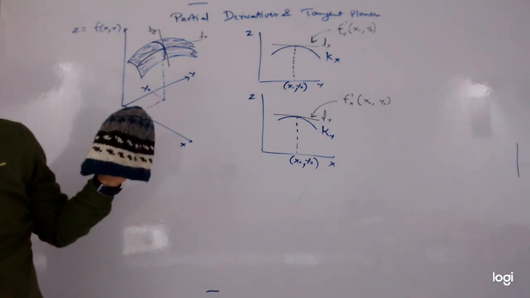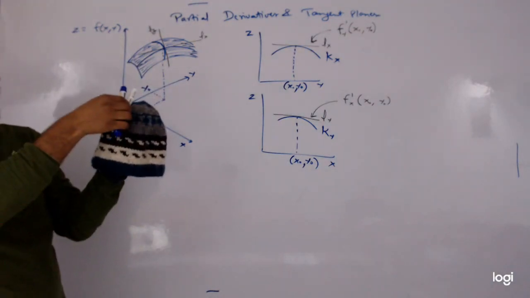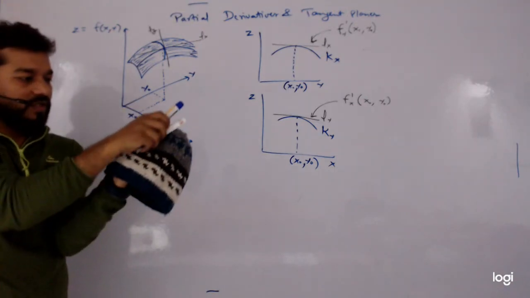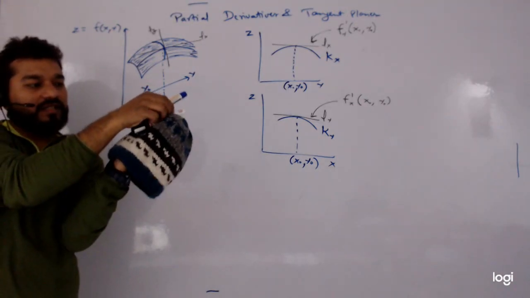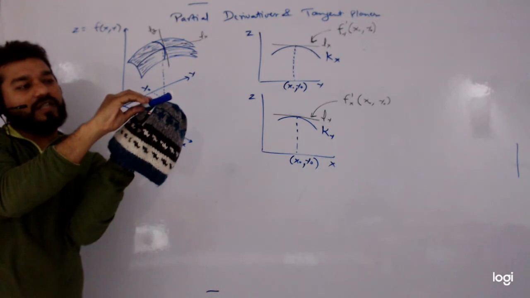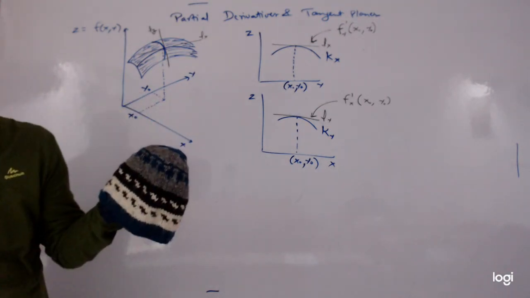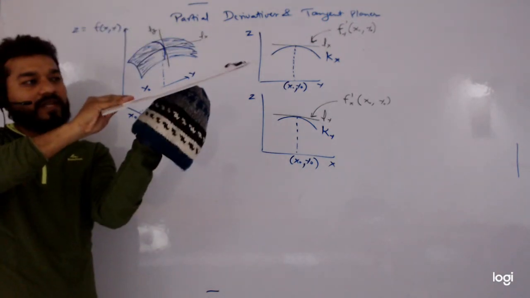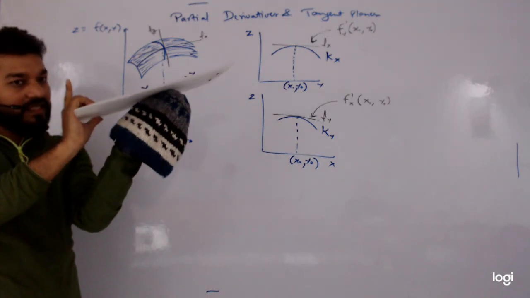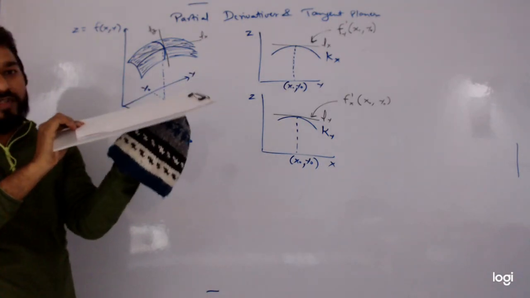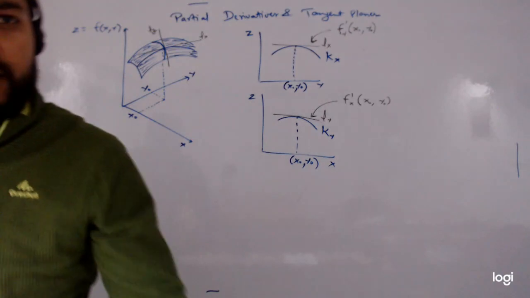So what I can have is a point where in one direction it's going like this, in another it's going like this. On top of this, I can place a plane which touches the curvature at that one point. That's the tangent plane.